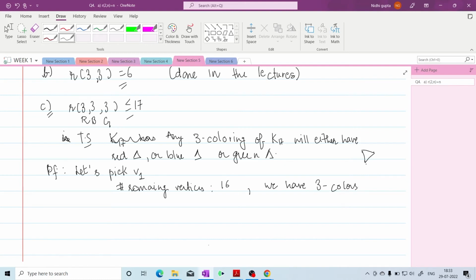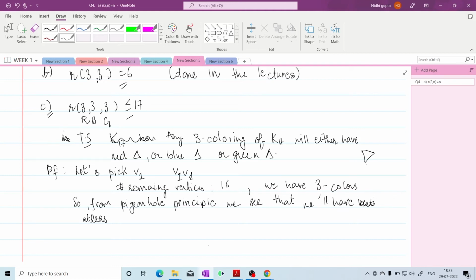So from the pigeonhole principle, the remaining edges from V1 to Vj are also 16.